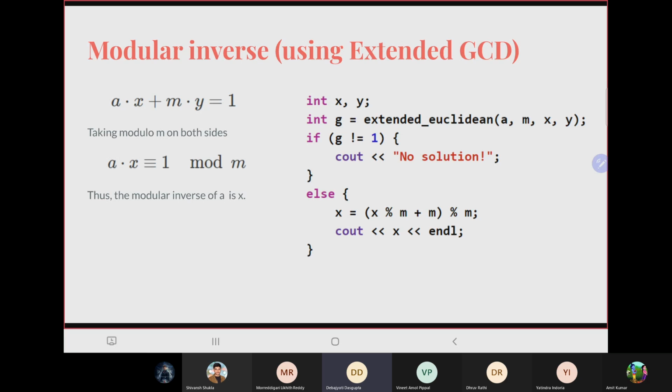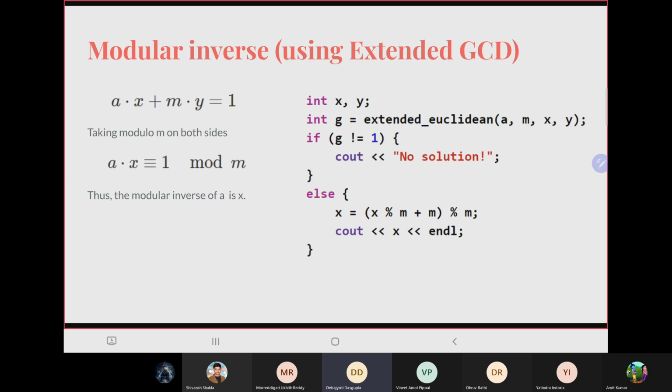When M is 1, you cannot even find the inverse, so I'm assuming M is not equal to 1. On the left side, the M part disappears because it is obviously divisible by M, and we are left with A into X equals 1 modulo M.